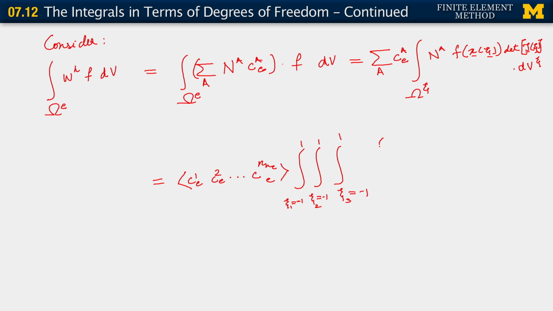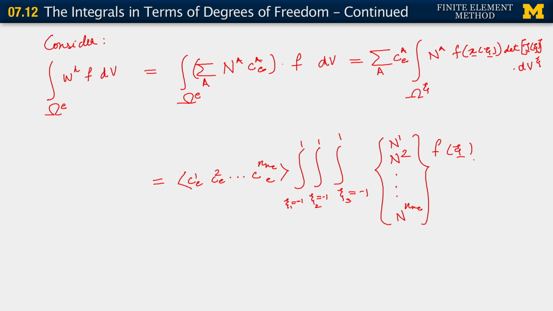Our integrand here consists of a column vector of the basis functions. They're often called shape functions, but it's a term that I've been avoiding. Okay, we have the basis functions. Right, we have this. We have f, right, which could depend upon c through x. We know how that dependence comes about.